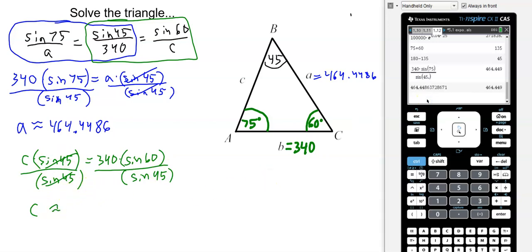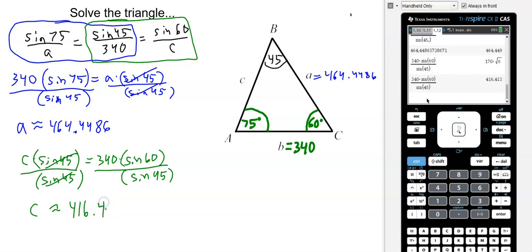And so we'll go control divide 340 times sine of 60 over sine of 45. And if you don't hit Control Enter, you won't get the decimal there. So we need the decimal, so that's going to be 416.4141.